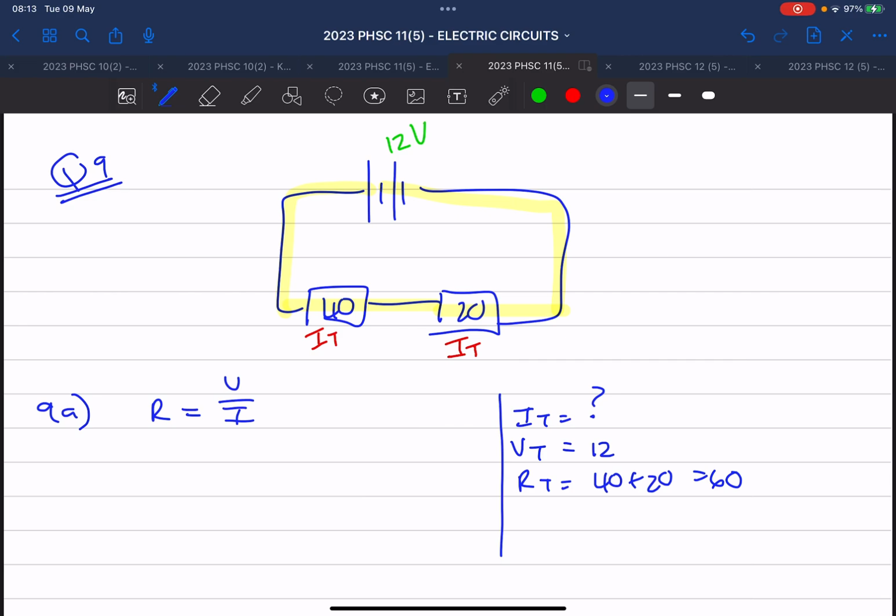Yes? Anyone else? Across a conductor. Is proportional to the current of the circuit through the conductor.